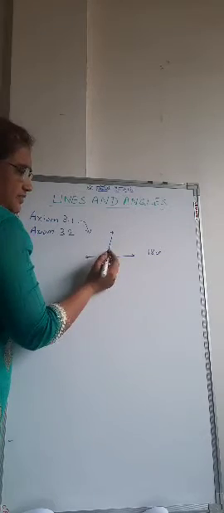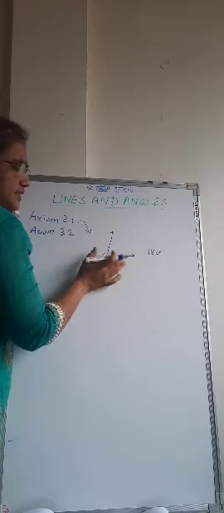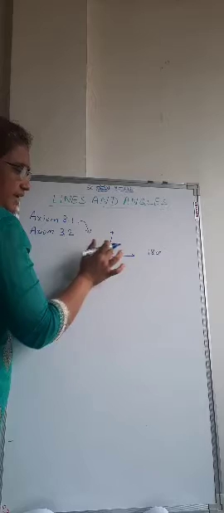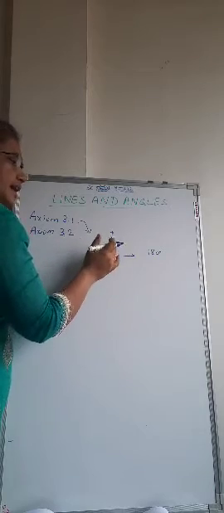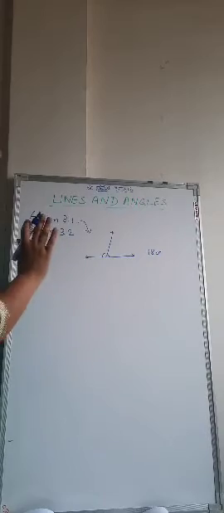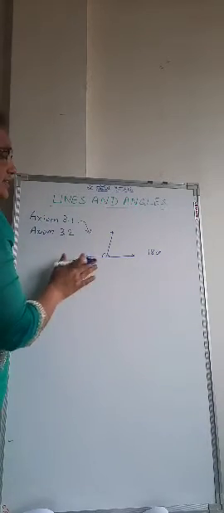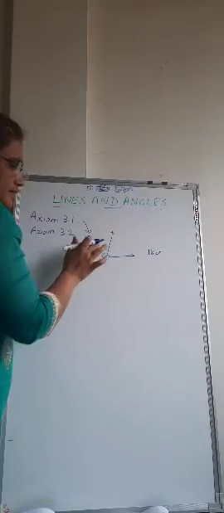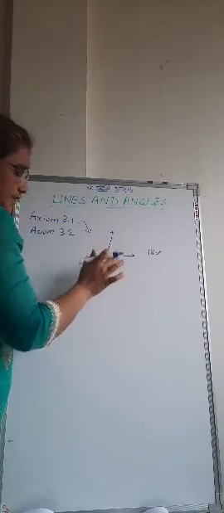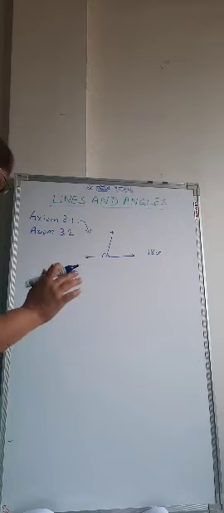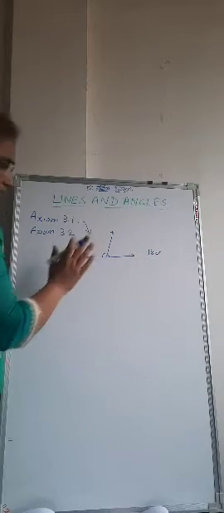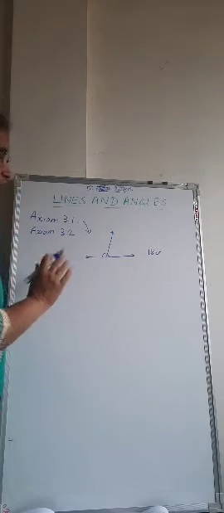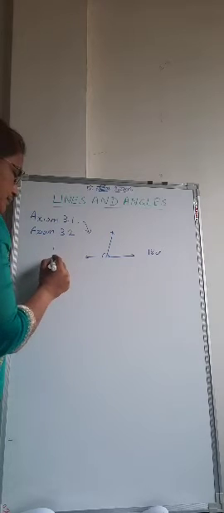If this ray divides this line into two different angles, then if we add them, it must be 180 degrees. Without any doubt, it is correct that when a ray stands on a line, the sum of the two adjacent angles is equal to 180 degrees. These are called the linear pair of angles. This you know. Next, axiom 3.2.